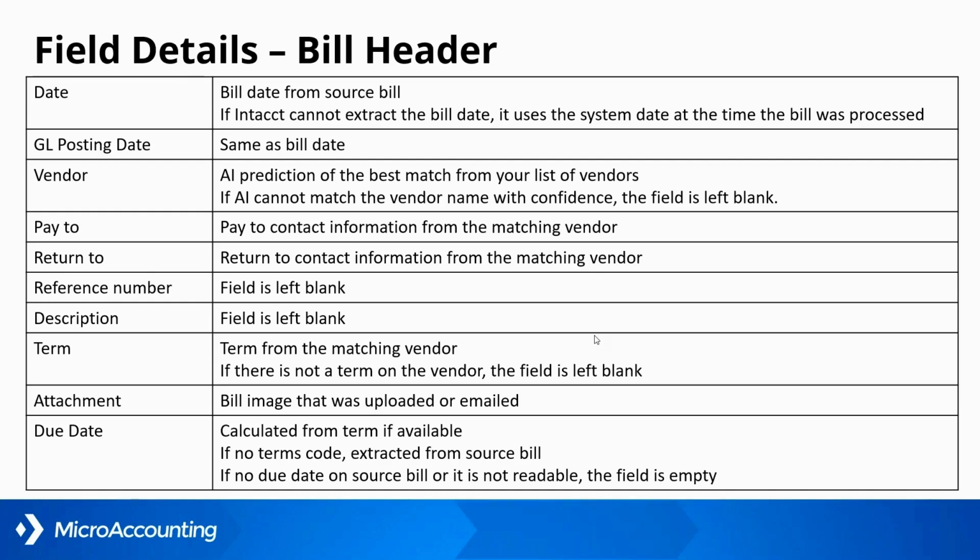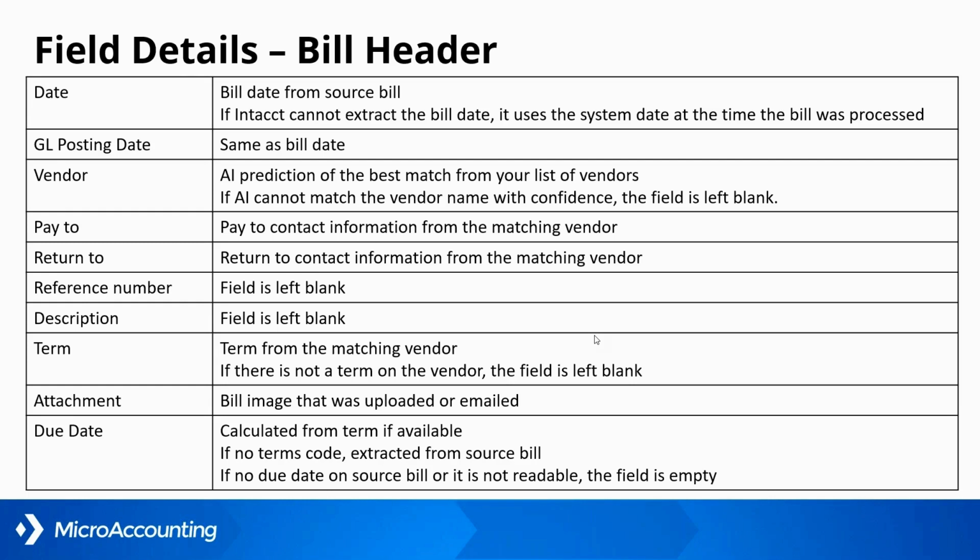So it's looking for the data, but if it can't fill that in with confidence, then it's going to let you know that there's something on that image of that bill that it couldn't read or couldn't identify what to put in Intacct, and it needs you to step in and help with that. So it's not just going to pick a different vendor. It's going to let you know, hey, you need to step in and intervene here because I can't answer this question with confidence.